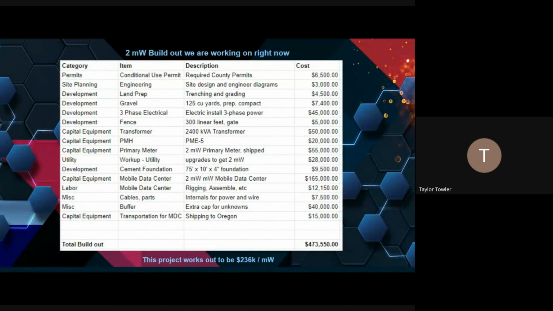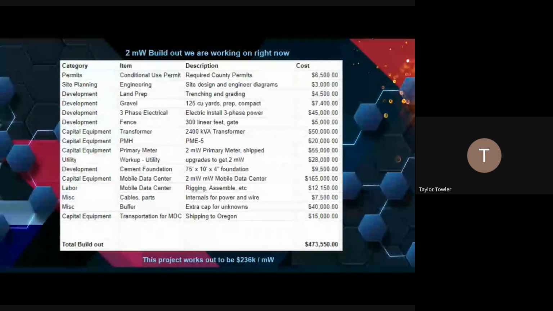I'll just say that building up to the 10 megawatt scale is something you can do relatively easily without building or buying a substation. But once you go above that, you get into a whole other world of electrical infrastructure when it comes to owning and building those substations. So just be aware of that.